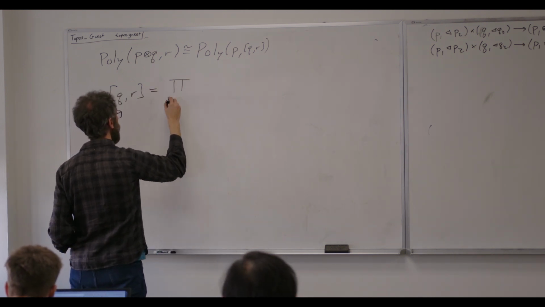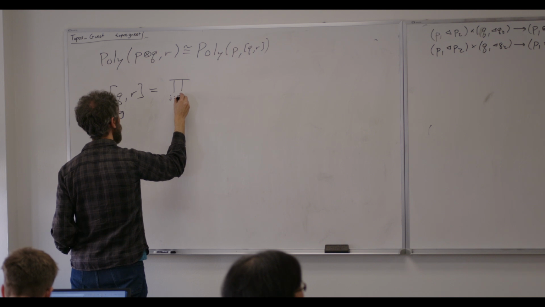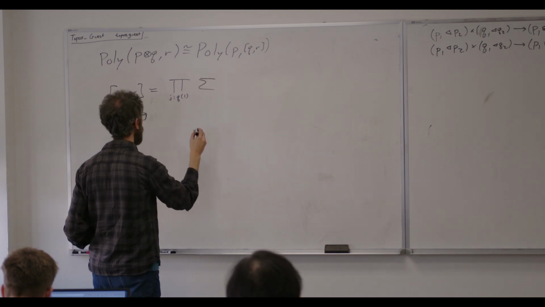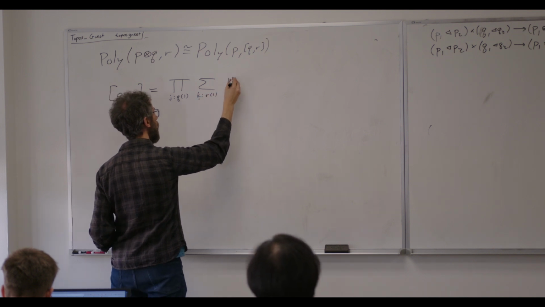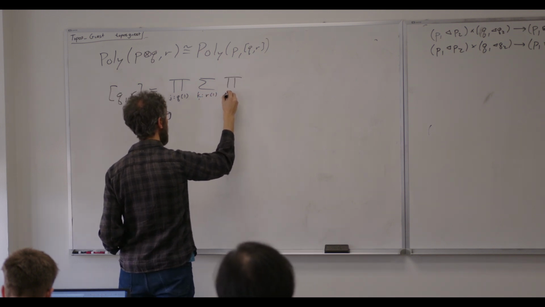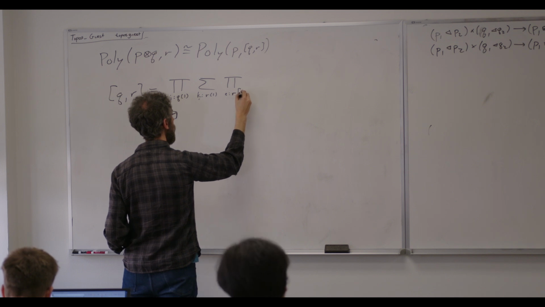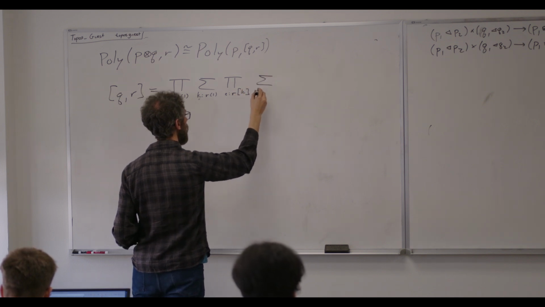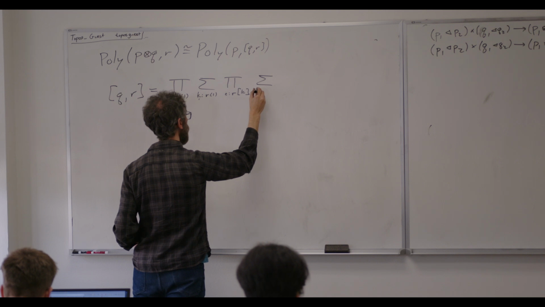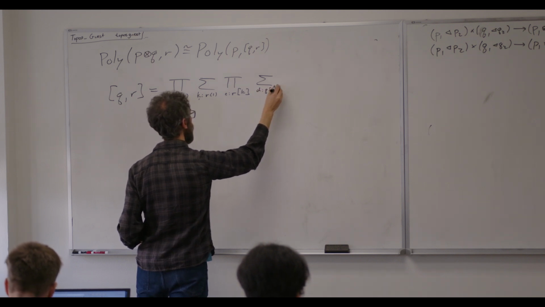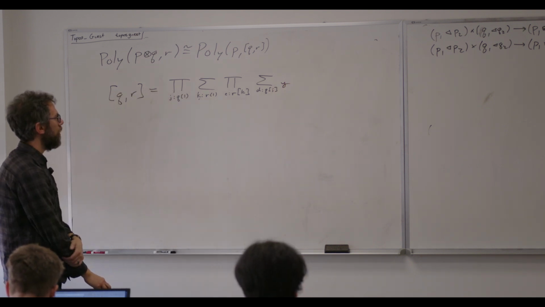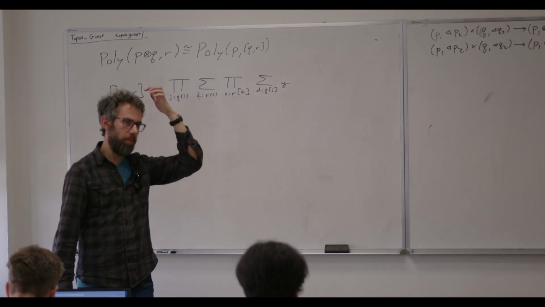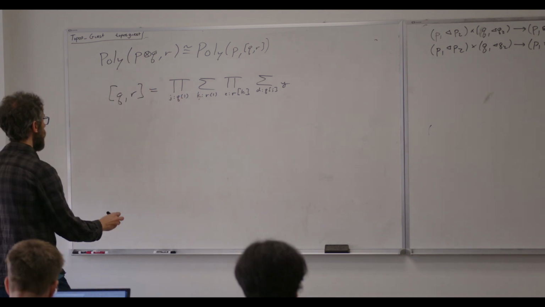It's the product over positions of Q: for every position of Q, pick a position of R, and then for every direction there, pick a position of Q, and then put a Y. That turns out to be the same as the formula I wrote over there.